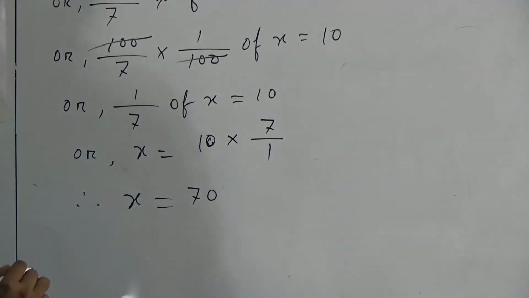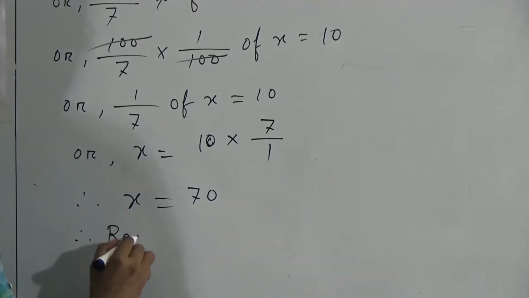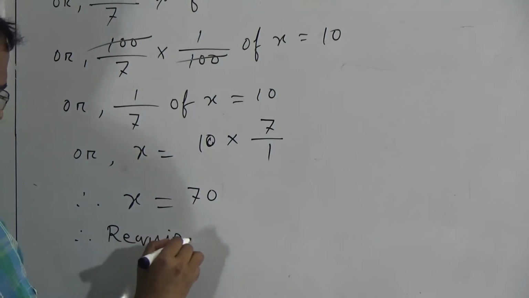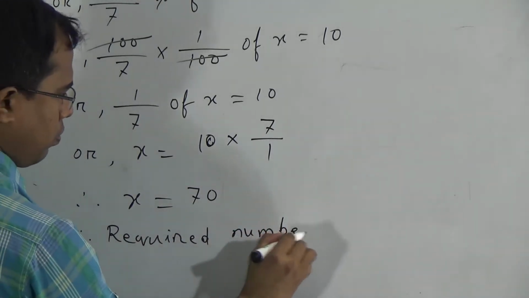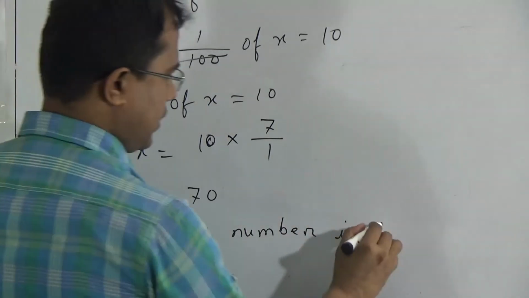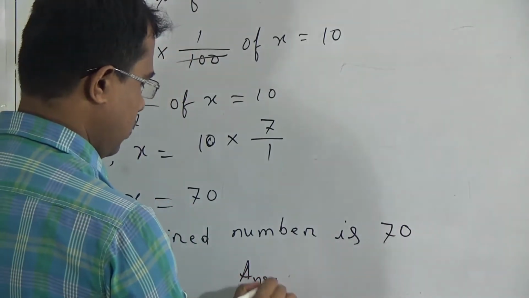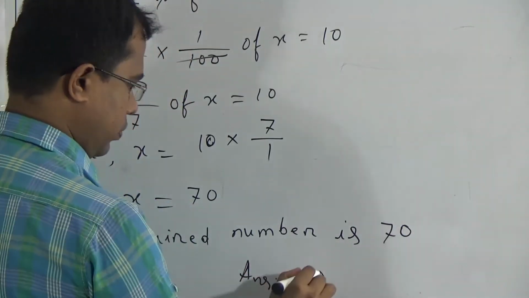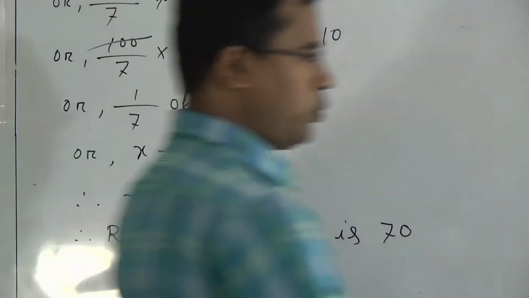Therefore the required number is 70. Okay, dear students, we have solved A number question. Now we'll solve B number.